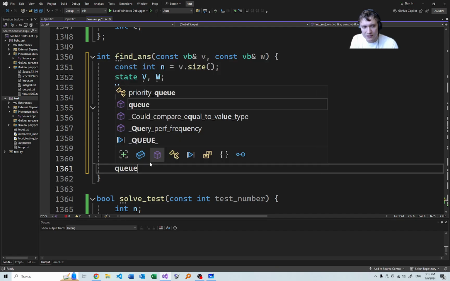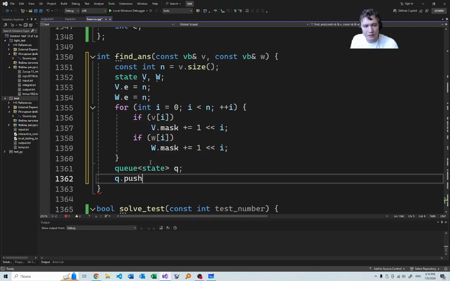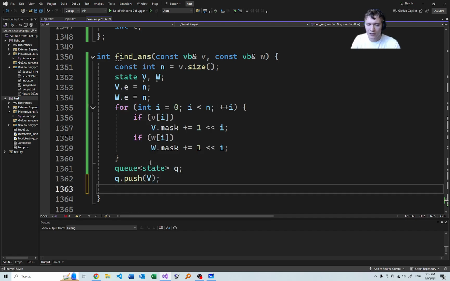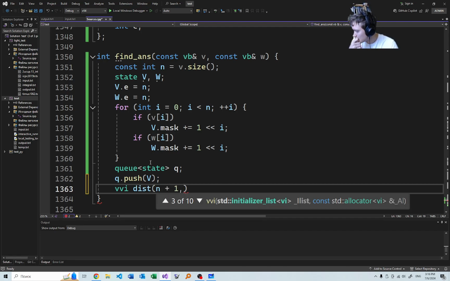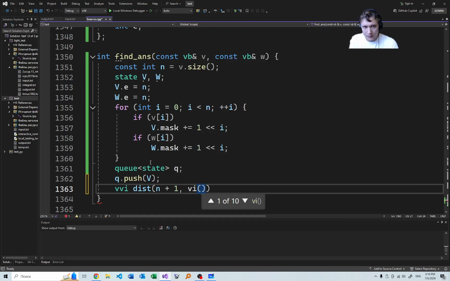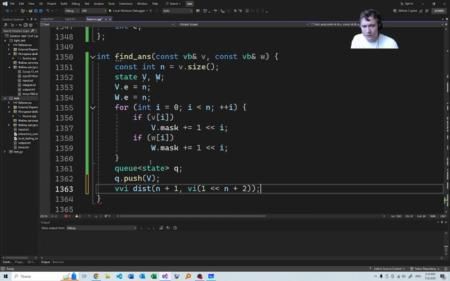So we take u of states, we push their v, and also we want v distances of n plus 1, and this number, I guess.